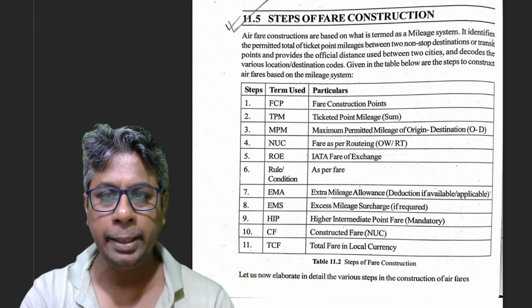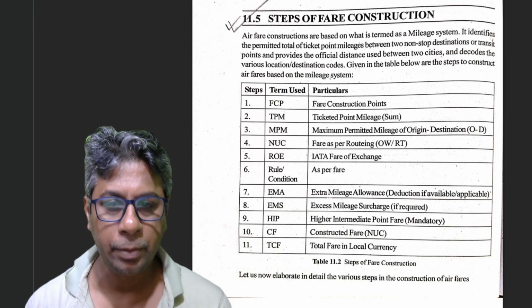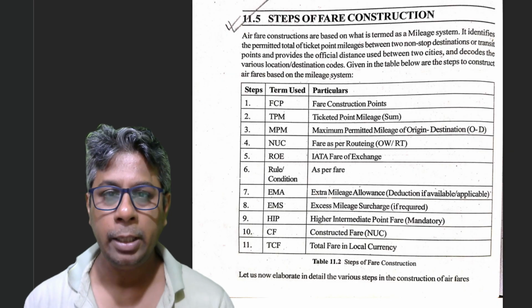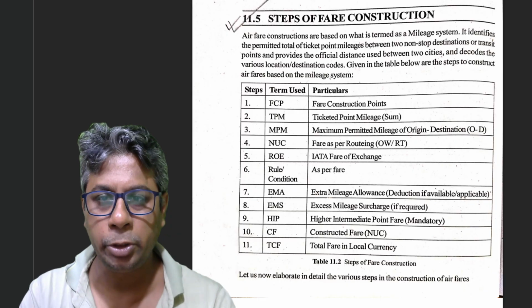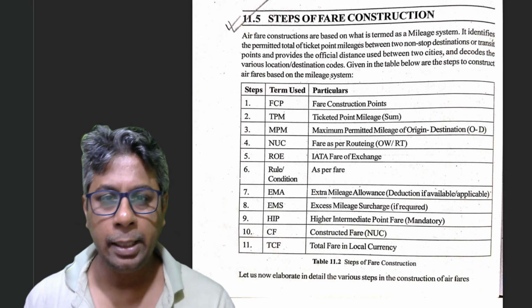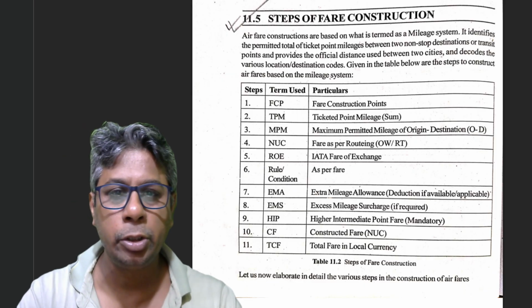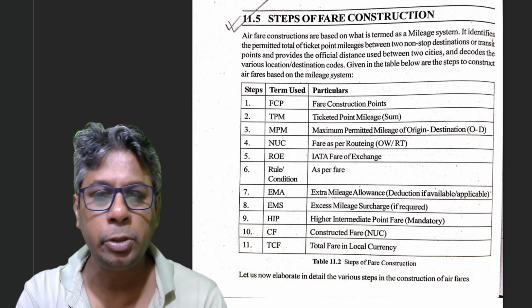One important thing to remember: based on the mileage system, MPM, maximum permitted mileage, identifies the permitted total ticket point mileage between two non-stop destinations, and it also provides the official distance used between two cities.